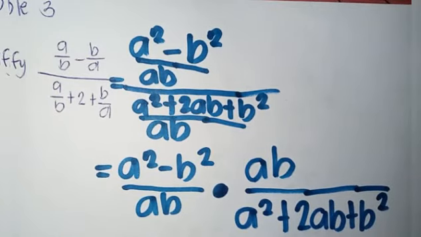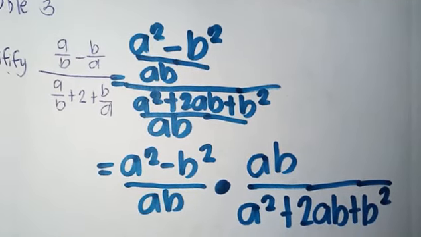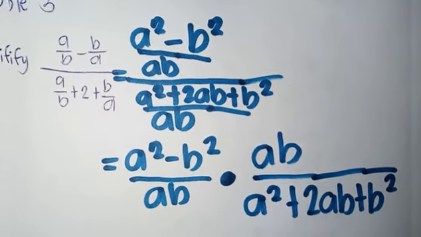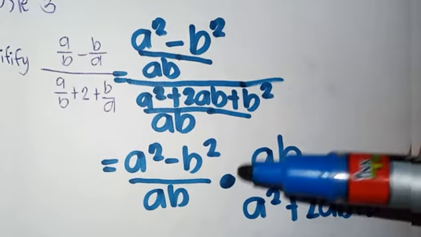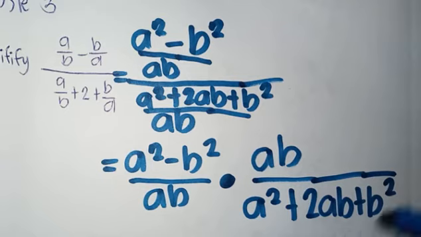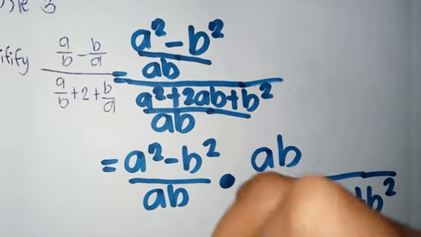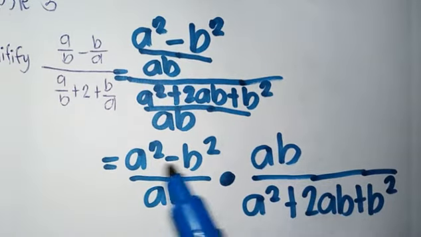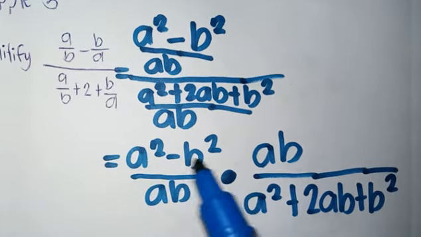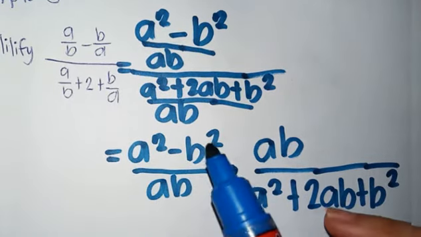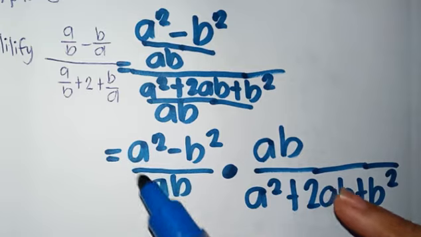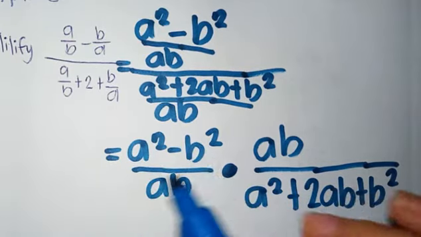Okay, so after nyan, ifa-factor natin yung ating mga given para sa ganun may ma-cancel out or may ma-eliminate tayo. Okay, so kung mapapansin nyo, ito ay sum and difference of 2 squares yung magiging factor ng ating numerator dito.